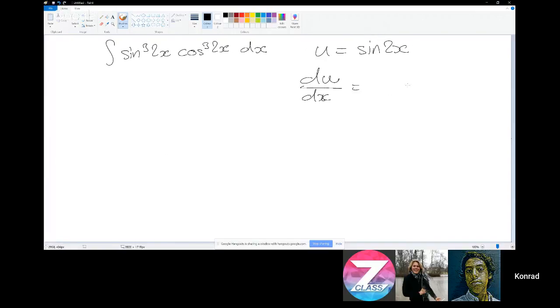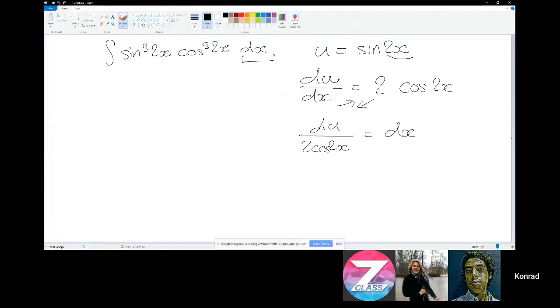We differentiate the outside, we get cos of 2x, and we multiply by differentiating the inside, so we get 2: 2 cos 2x. Then we can rearrange this because we want to substitute dx with du. We multiply up dx, divide down 2 cos 2x, and we get du over 2 cos of 2x equals dx.